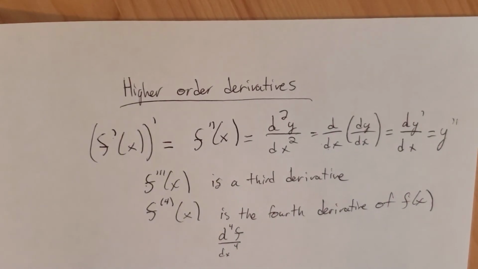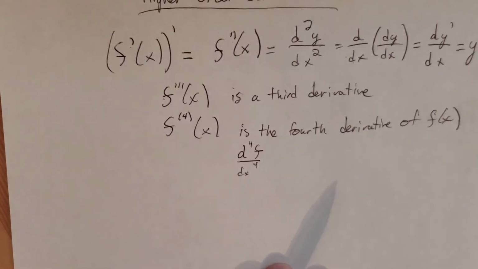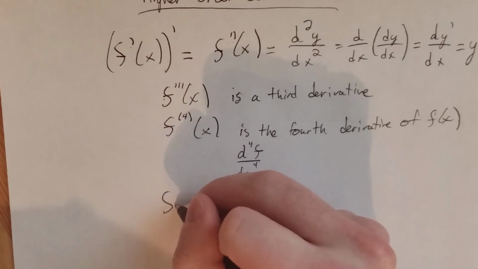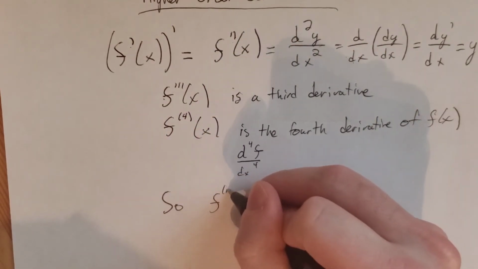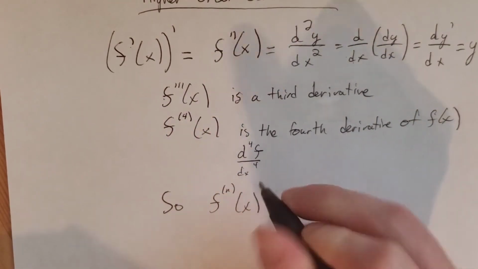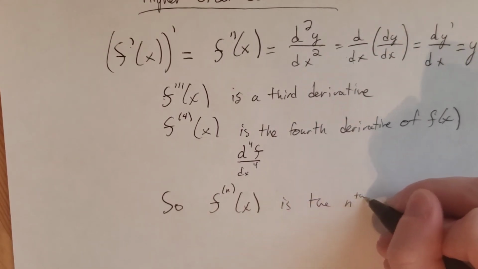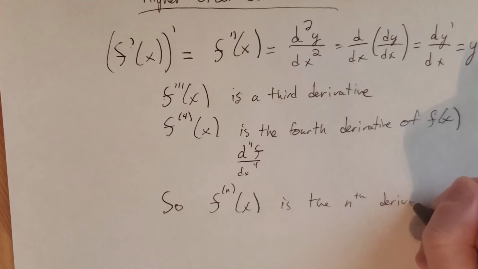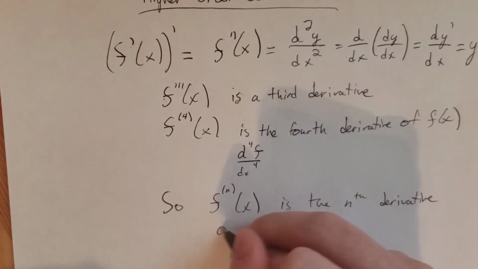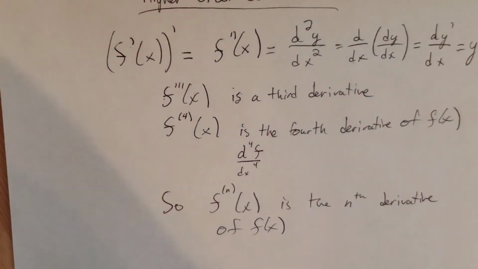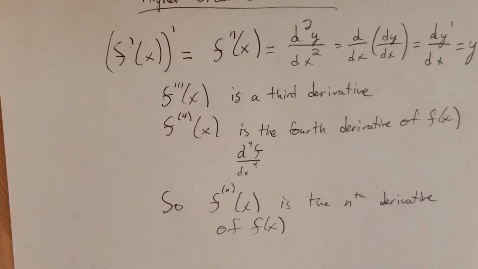And then, moreover, just to make it more general, if you see something like this, this means the nth derivative of f of x. So we just take the derivative successively n times.